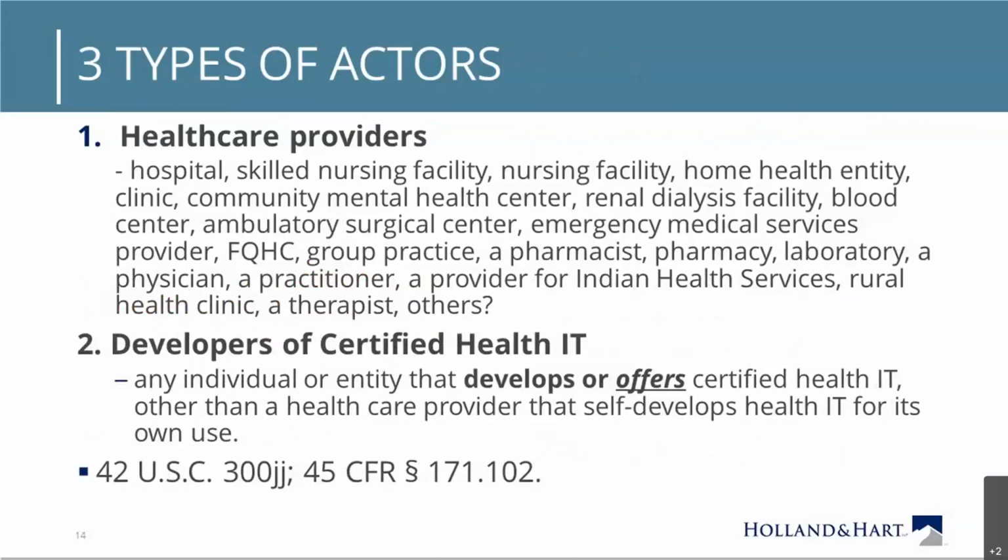And something I want to point out is that this is not limited to what we would consider a covered entity under HIPAA. It's a completely different definition that is not based on that covered entity definition. So I would look to the information blocking rule's definition of healthcare provider when determining if you are an actor by virtue of that category.